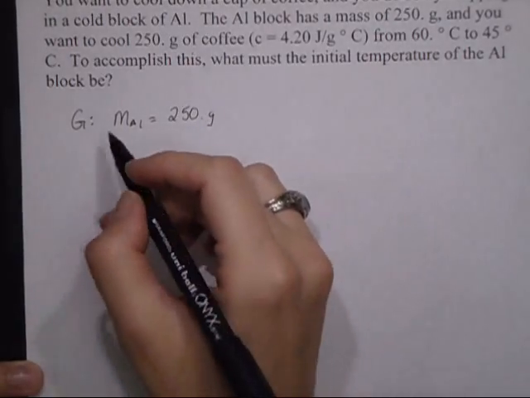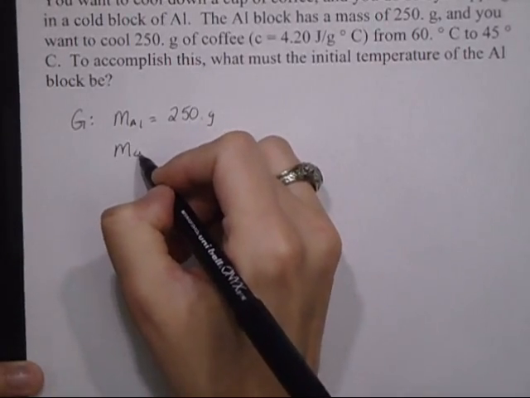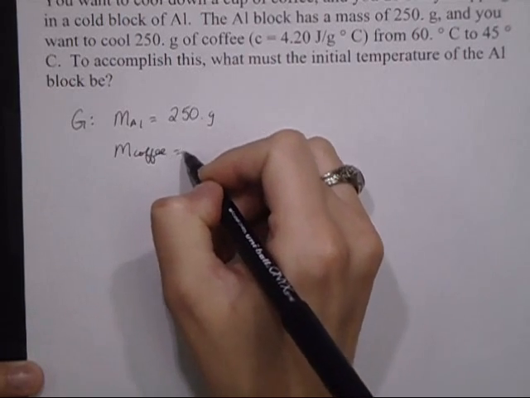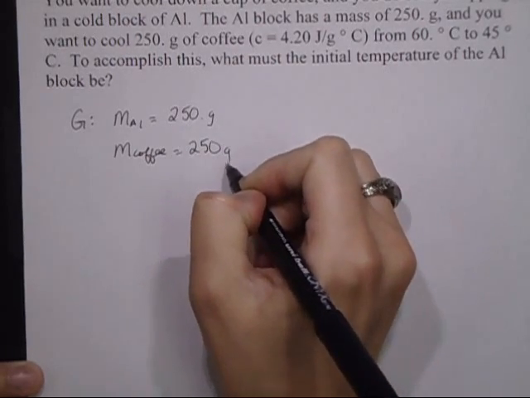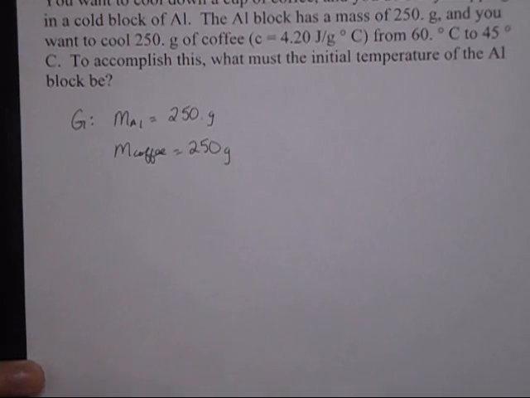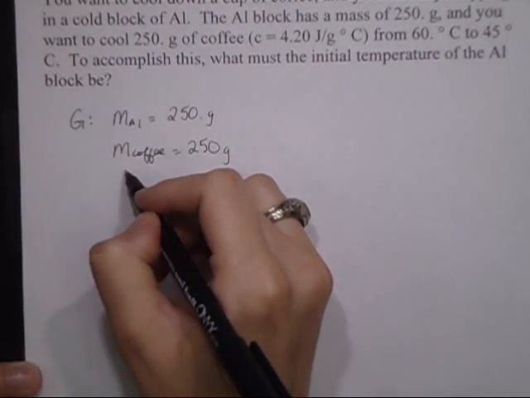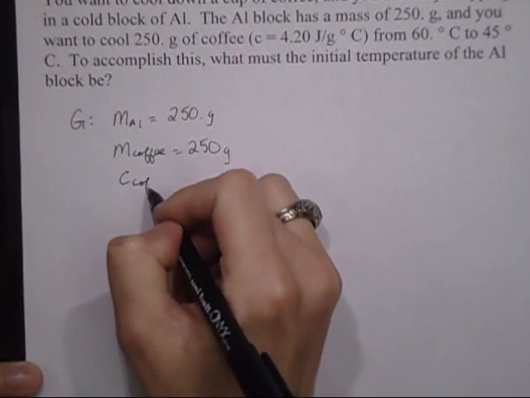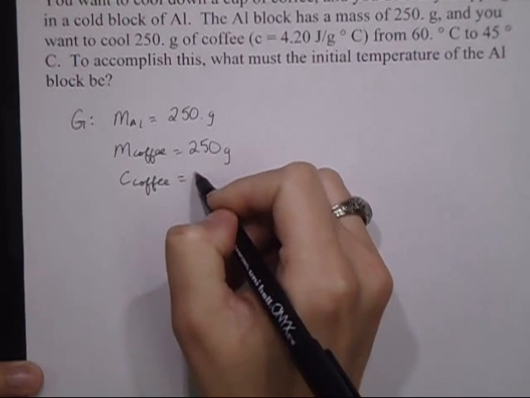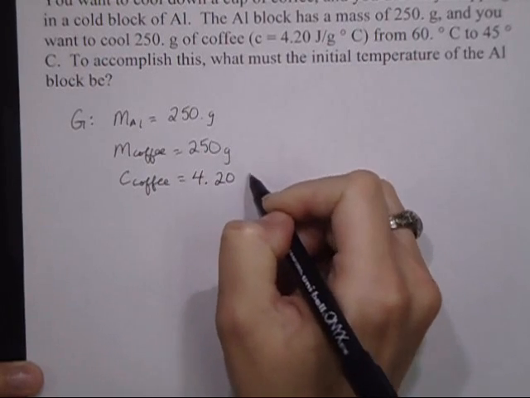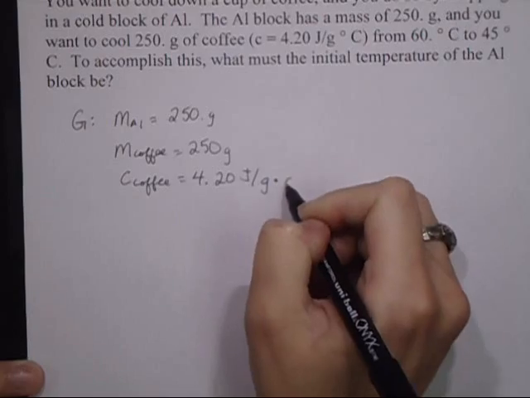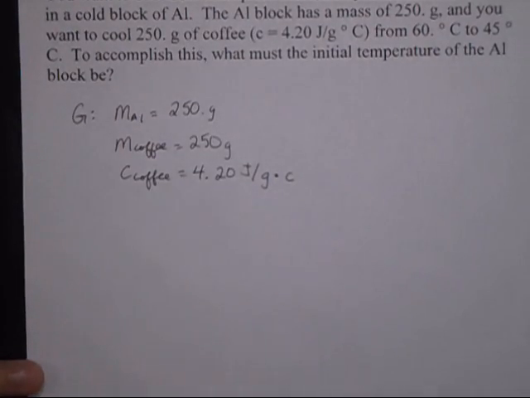You want to cool 250 grams of coffee. Okay, and then it also tells me the specific heat of the coffee, which is mostly water, so that makes sense. 4.2 joules per gram degree Celsius.